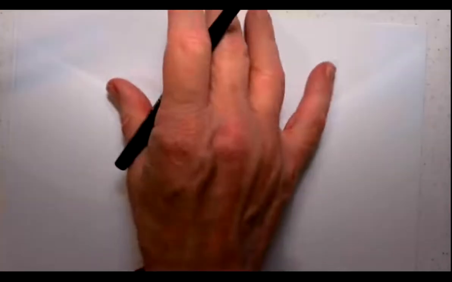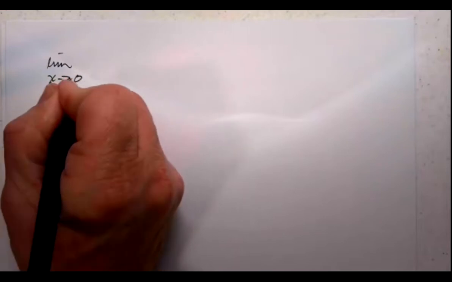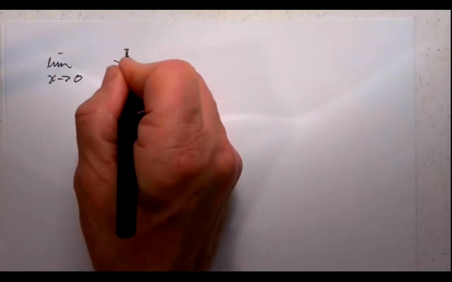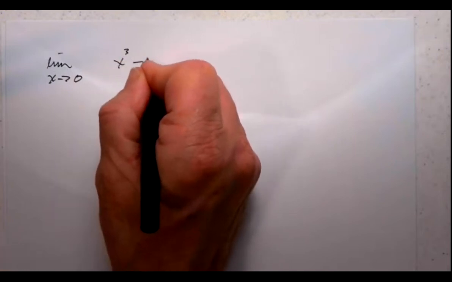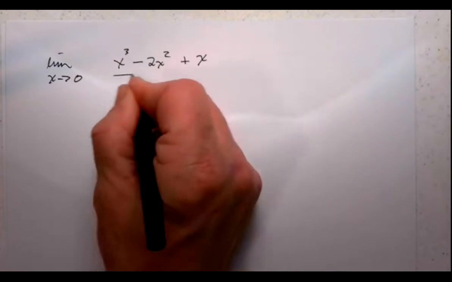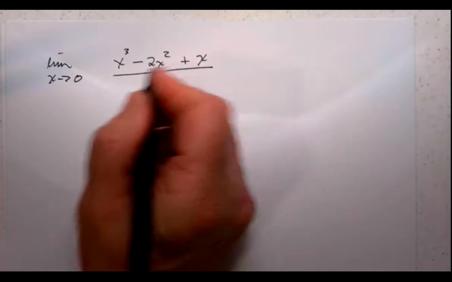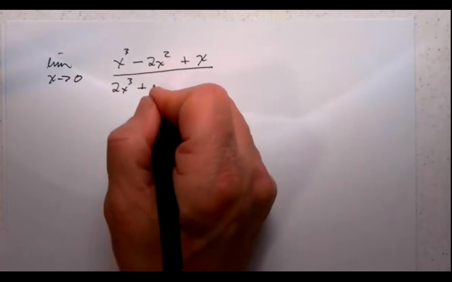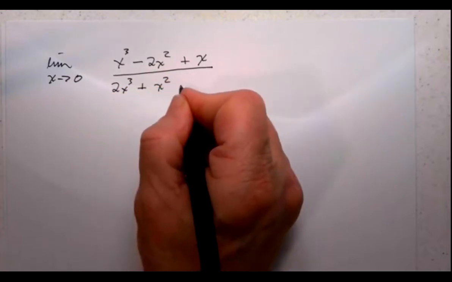We'll look at the limit as x goes to 0 of x cubed minus 2x squared plus x divided by 2x cubed plus x squared minus 2x.